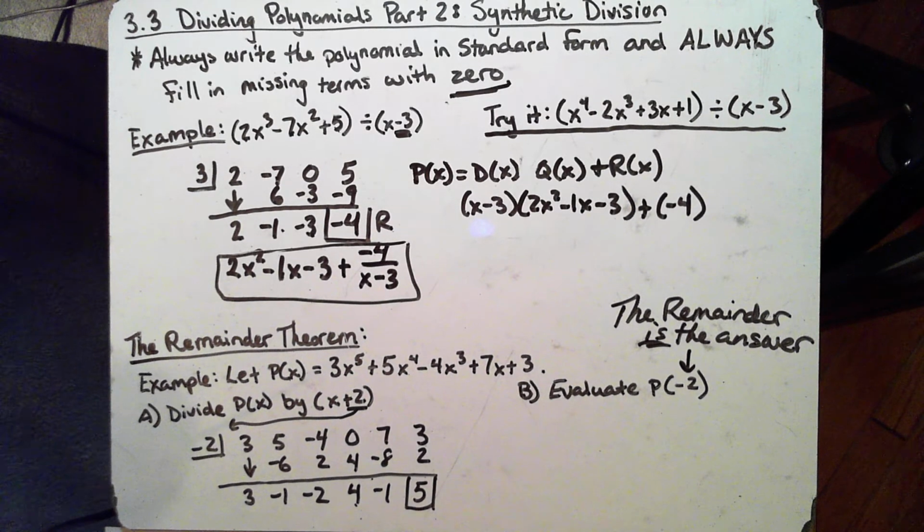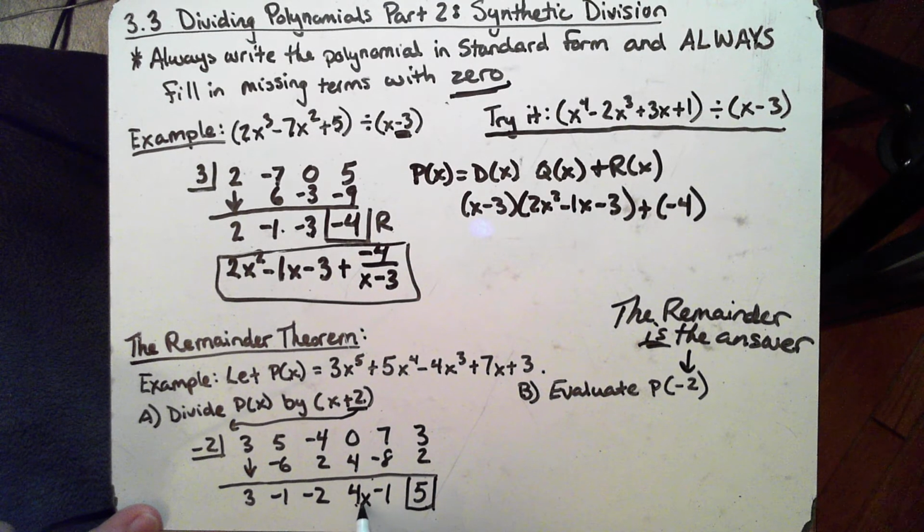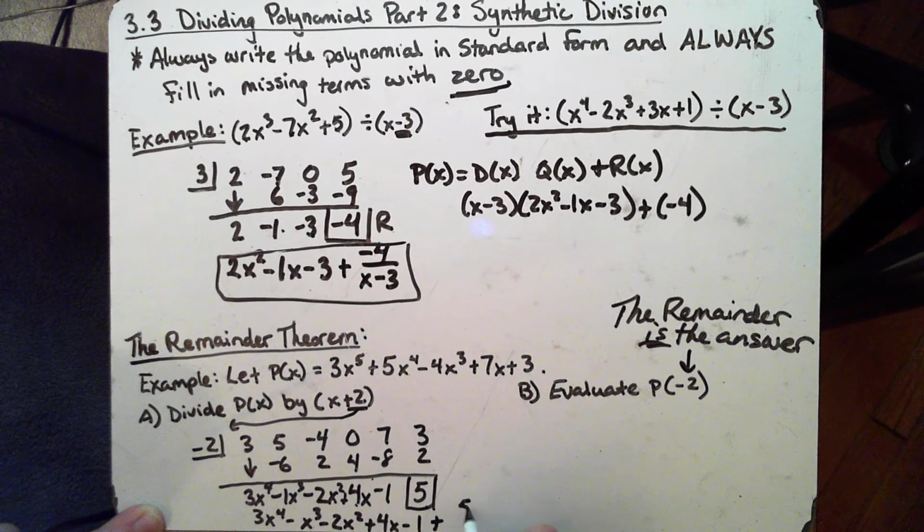So hypothetically, if I was just asked to divide, what I would do, this is my remainder, this is no x, x to the first, x to the second, x to the third, x to the fourth, and you just count up on the power starting from that side. So you get 3x to the fourth minus 1x to the third minus 2x squared plus 4x minus 1 plus 5 divided by x plus 2.